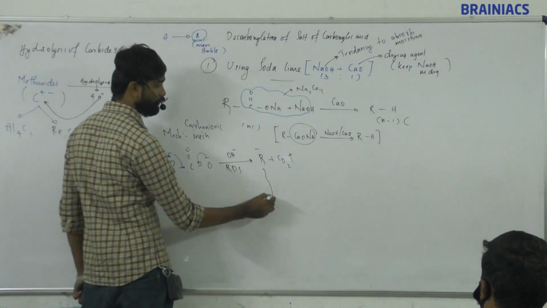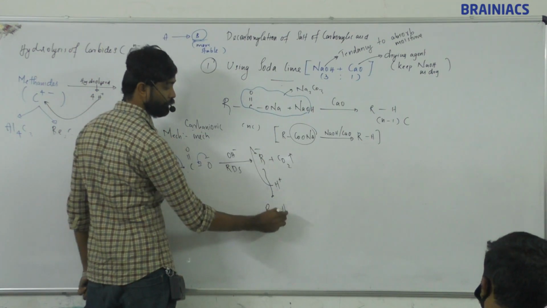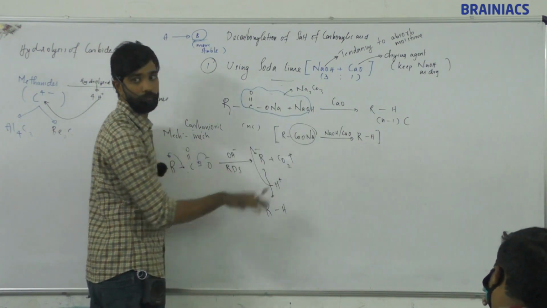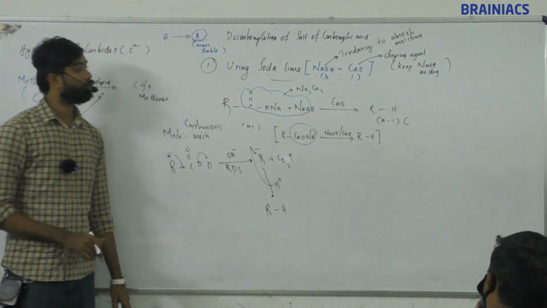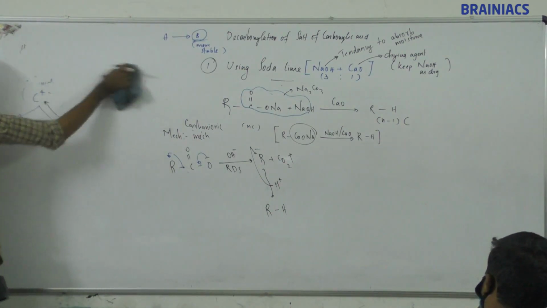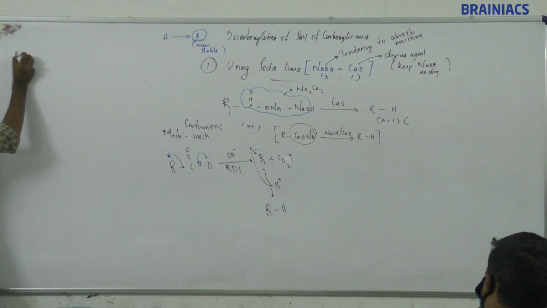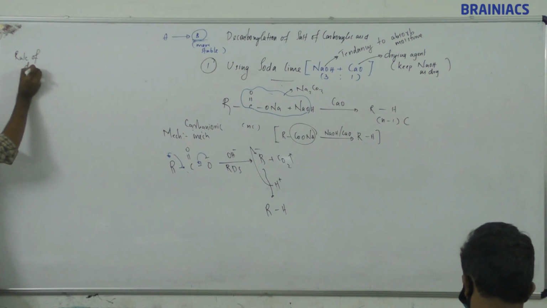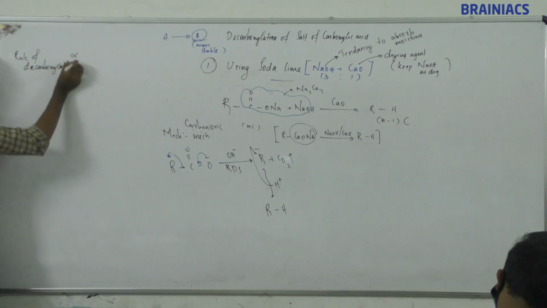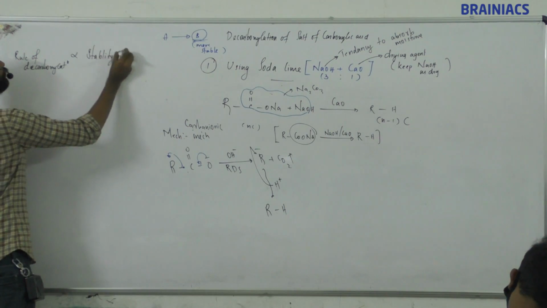Finally, once the carbanion is formed, there may be a protonation from the system to form RH. This is the actual mechanism of the reaction. So it is clear that the rate of decarboxylation depends on the stability of the carbanion.